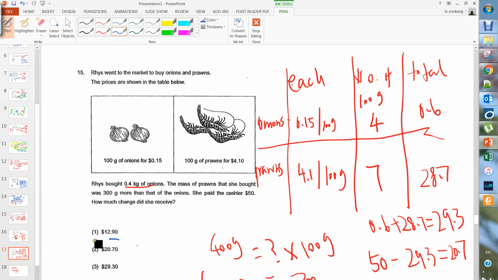So once again, we make use of each number total. Each here is price each 100 gram. Just now, your money is money each person. And then there is one more.